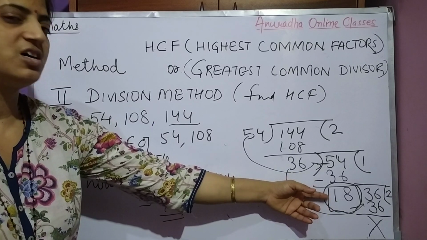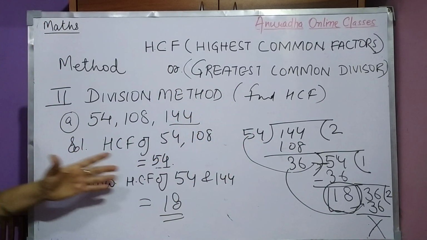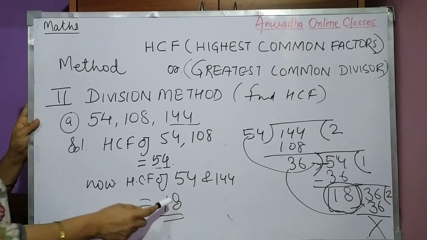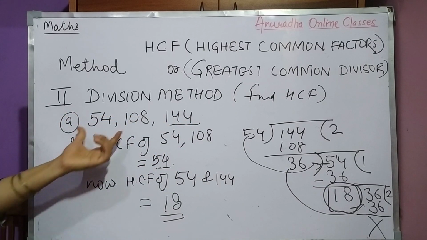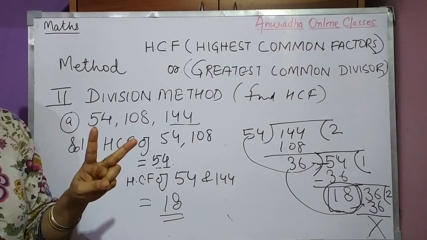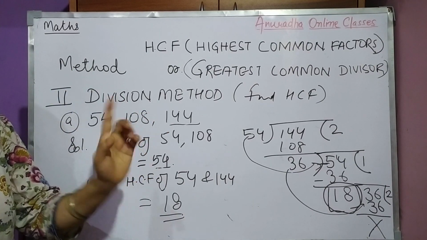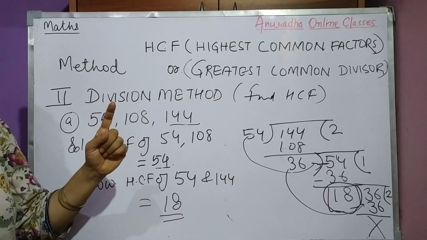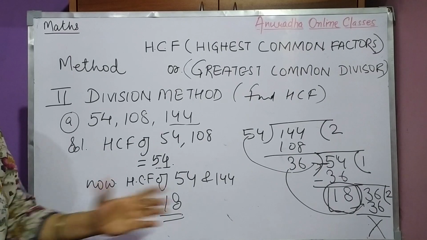So the highest common number with which these three numbers will get divided is 18. Okay. Whenever three numbers are given, firstly you have to take two of them. Then find the HCF of those two numbers. Then you have to find the HCF of that HCF and the third one.